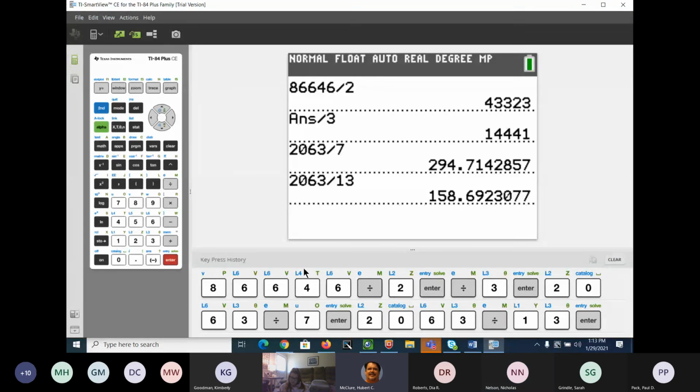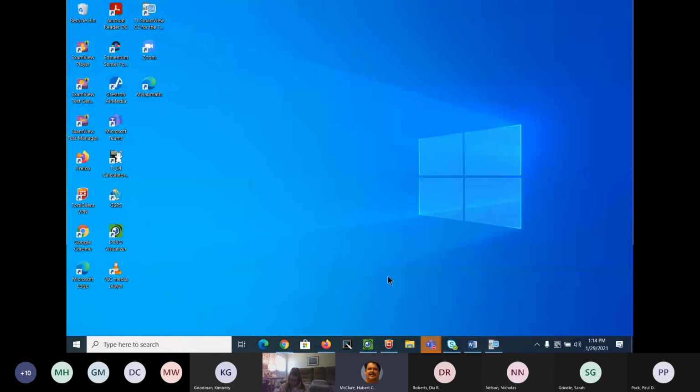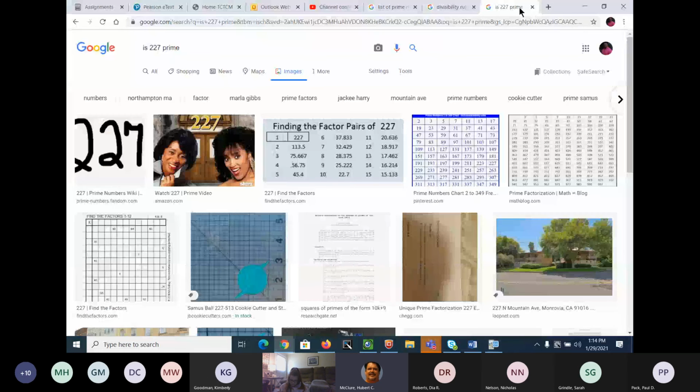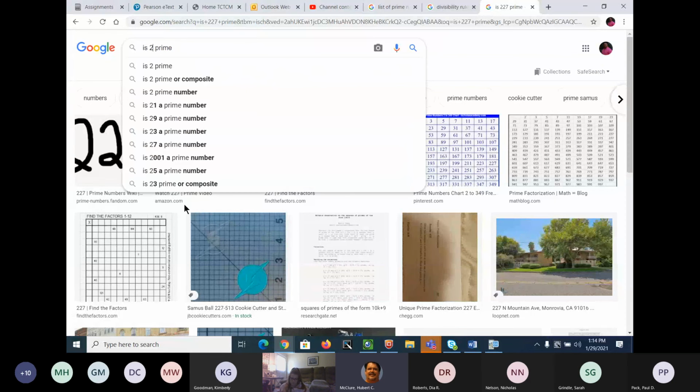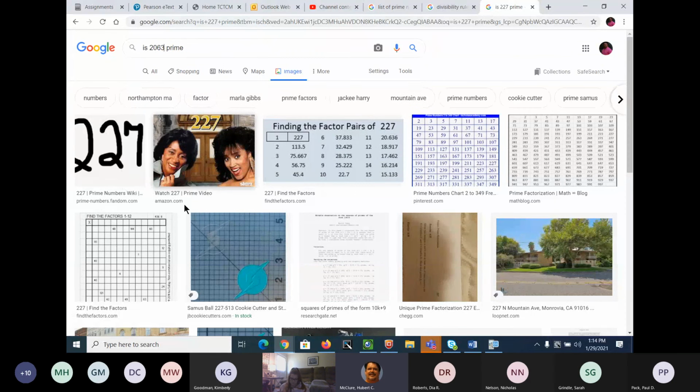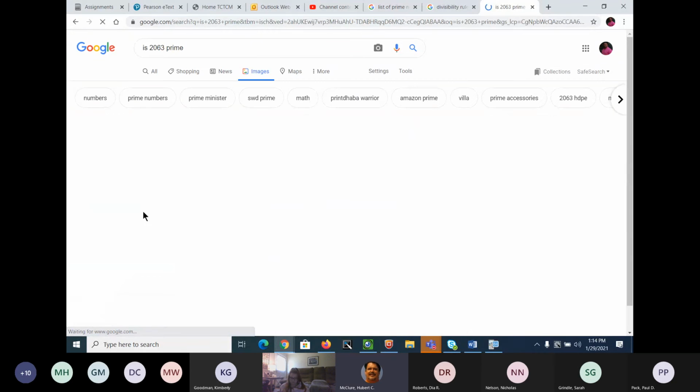So we'll check to see if 2063 is a prime number. And let's just go to Google to check on that, because I don't think there's any charts that will go up to 2063. So I'm just going to search 2063.